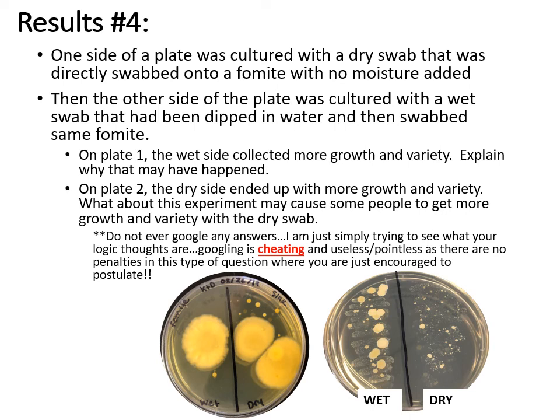Okay, and on some of the plates we noticed the wet side had more growth, and others we noticed the dry. So I want you to think about some reasons why that might be.